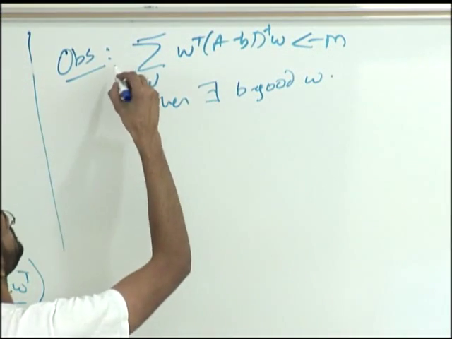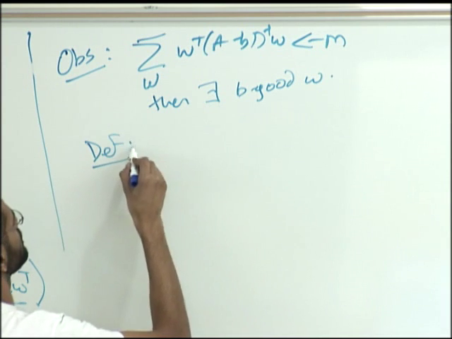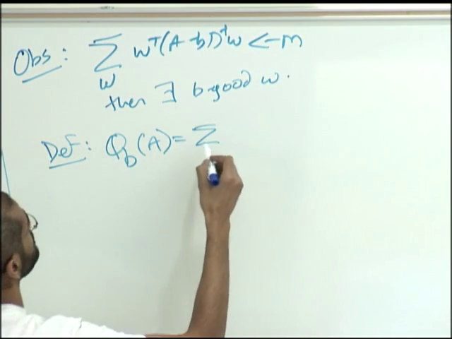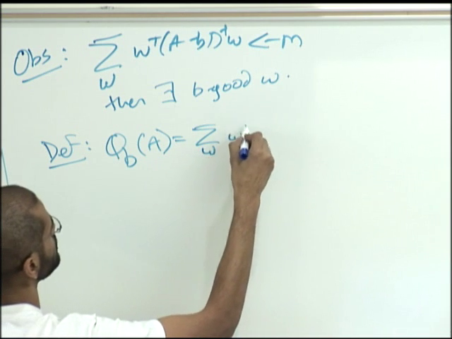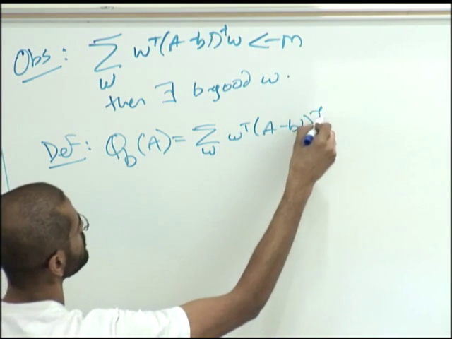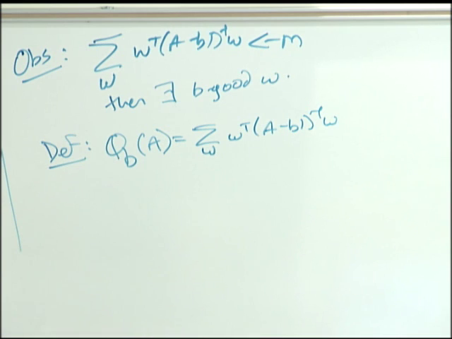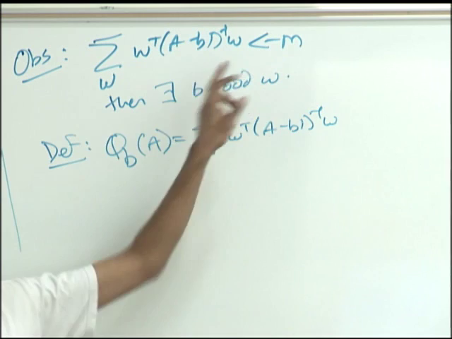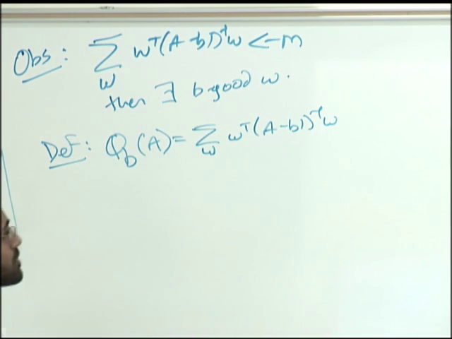So this motivates me to define this potential function phi b of A, which is exactly this sum over w of w transpose (A minus bI) inverse w. You're summing at each stage all of them, not just the ones that you have. All of them, yeah. This is actually a silly thing to do, because I know that the ones I've already added are not going to satisfy this condition. But anyway, this is a sufficient condition for existence of one good vector.